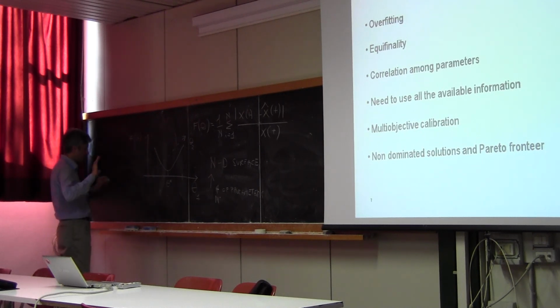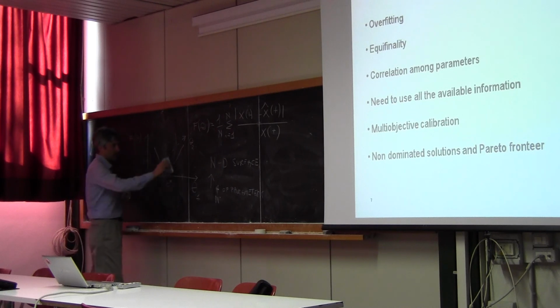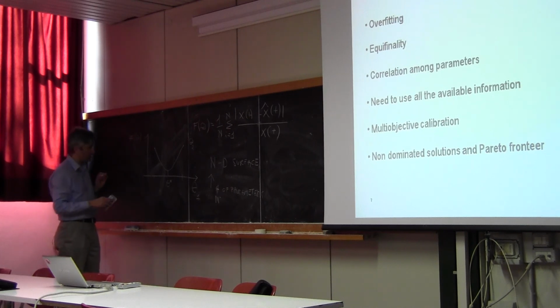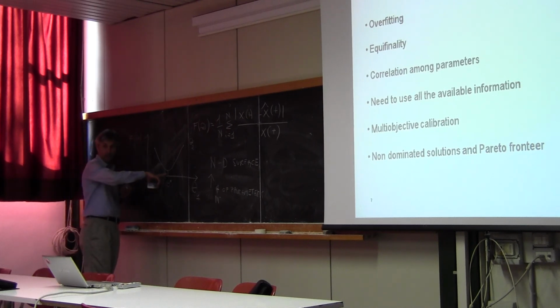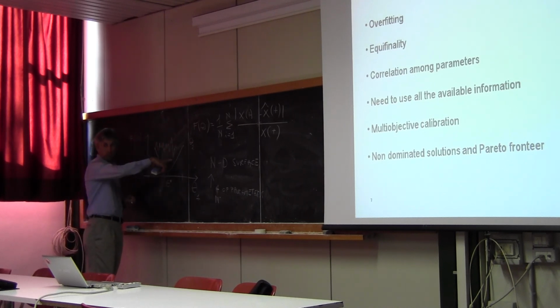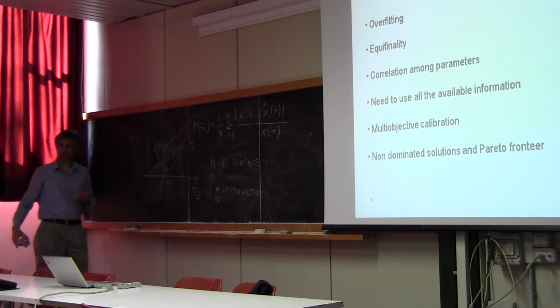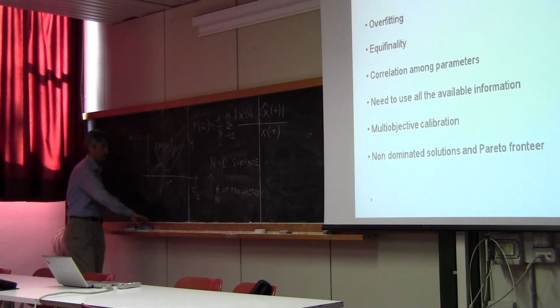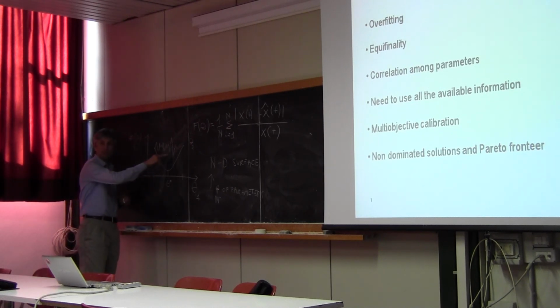But let's go back to the original case of just one parameter. And let's put in evidence that very often you are not so lucky as in this case. You may get a response curve, sorry, which looks like this. So indeed you have a minimum which is here, but it's not easy to find it, because the algorithm can be trapped in a local minimum.